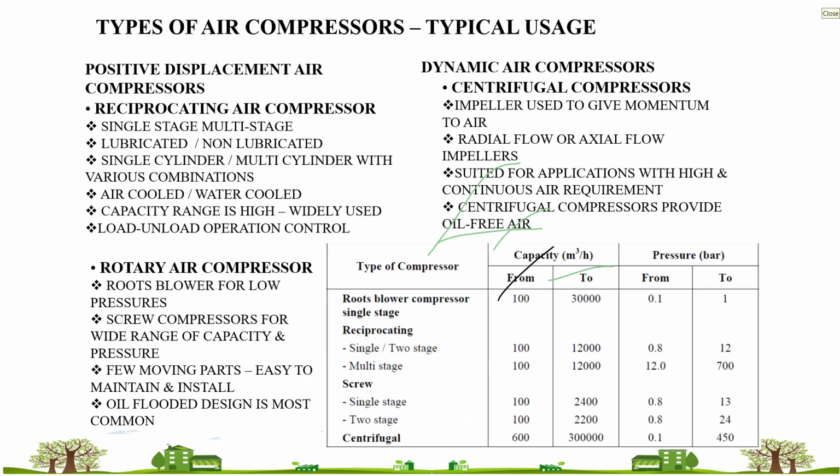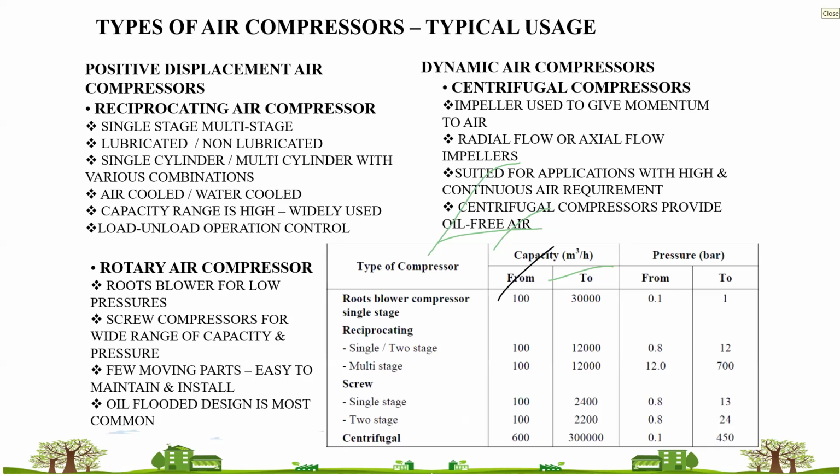But if you have a 500 CFM requirement at 13 bar, we will have a higher requirement. The motor input capacity will be more than 150. That depends on your pressure ratio.